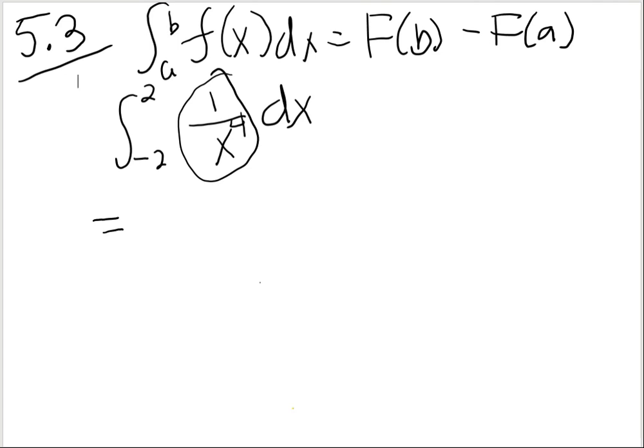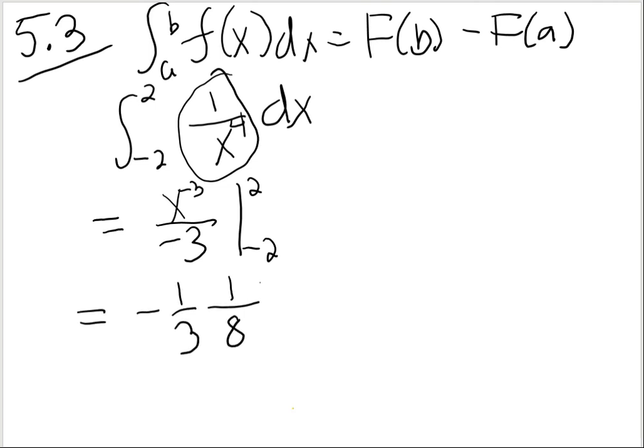Well, that's x to the negative fourth, so it's x to the negative 3 over negative 3, evaluated from negative 2 to 2. And this is going to be negative 1/3 times 1/8 minus negative 1/3 times 1/8.